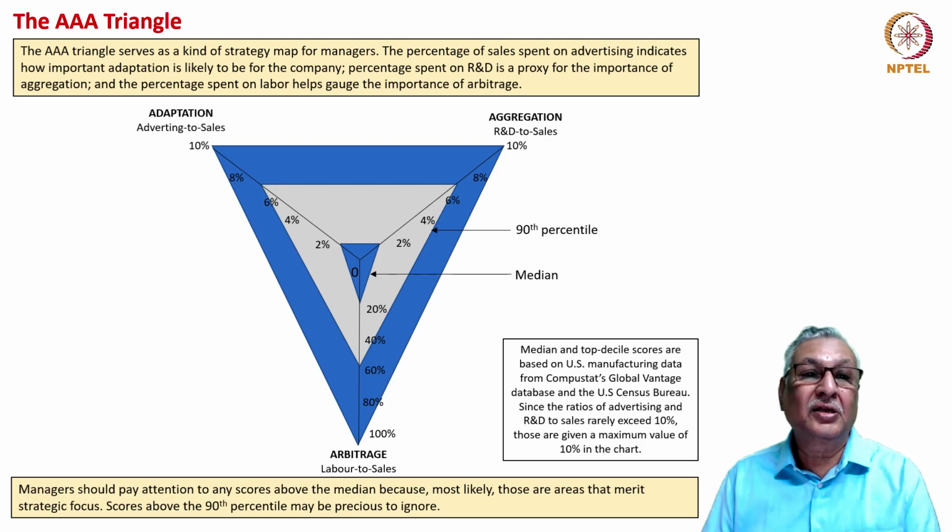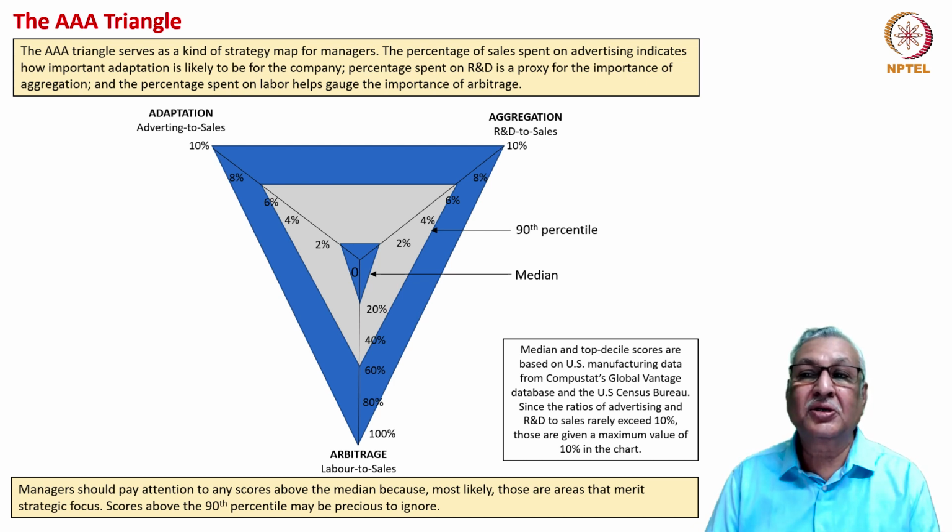The AAA Triangle is a kind of strategy map for managers. The percentage of sales that is spent on advertising indicates the importance of adaptation for the company. That is, the more you advertise as a proportion to sales in a country, that means that you are adapting yourself fairly well.